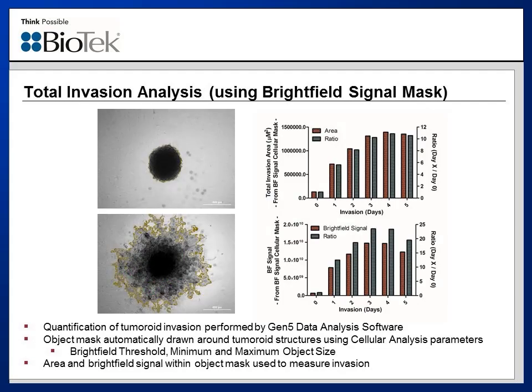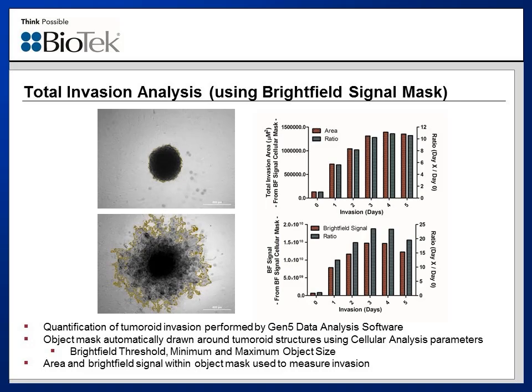Then through the incorporation of BioTek's Gen5 software, which is used to not only control the imager, but also contains a data analysis package, the extent of invasion can then be determined using internal algorithms in addition to cellular analysis parameters such as bright field, signal threshold, and minimum and maximum object size.